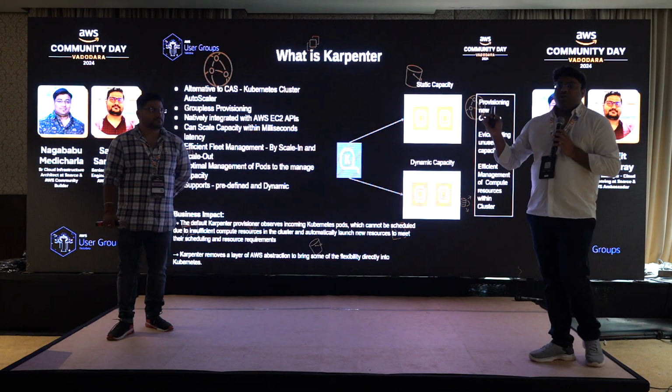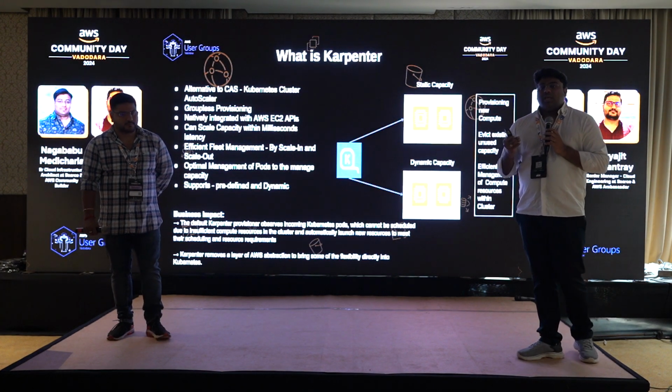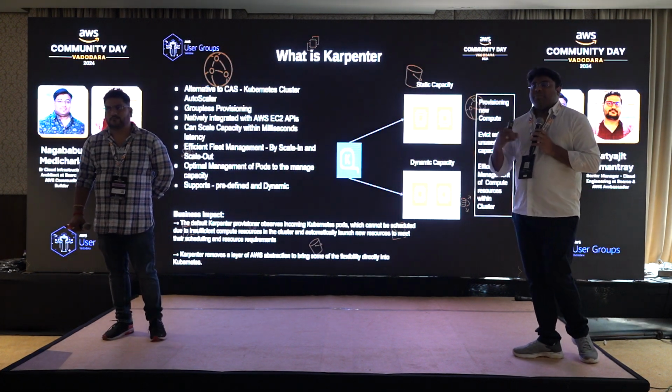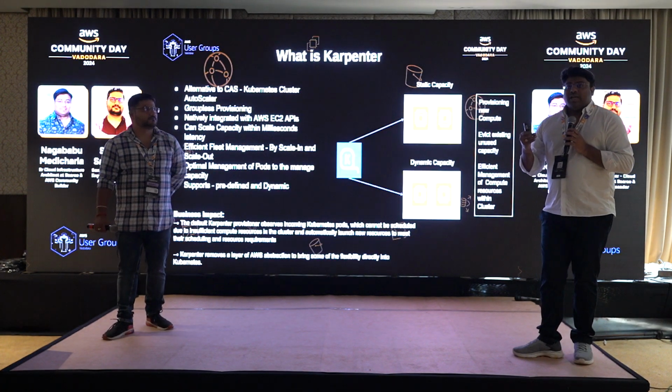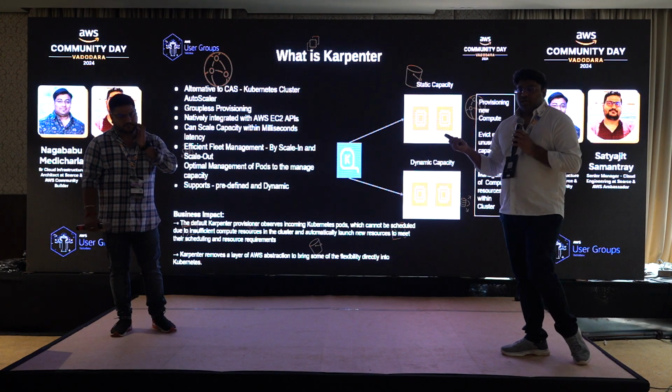You are not going to tell Karpenter which instance to bring up. Depending on the number of resources needed at that particular time, Karpenter makes a decision, picks an instance, and then deploys it.